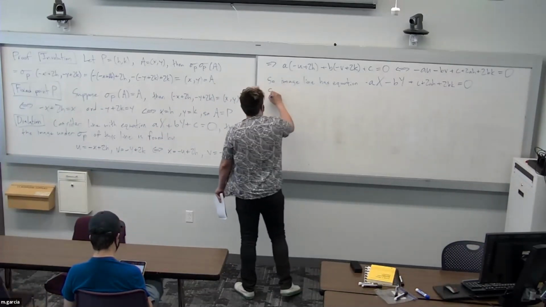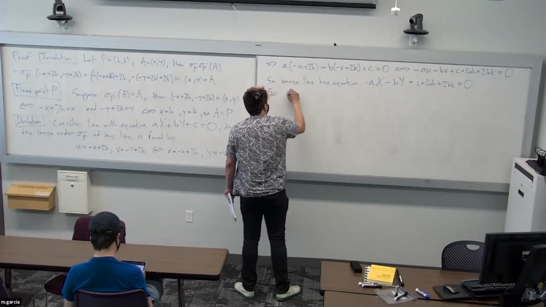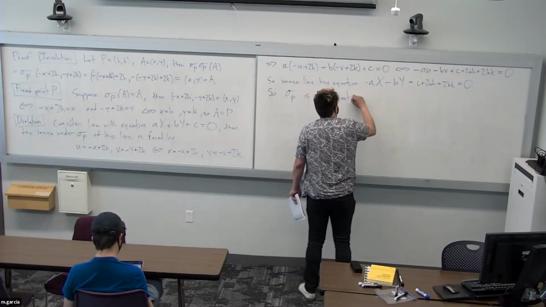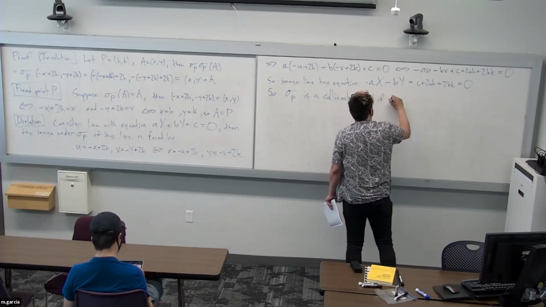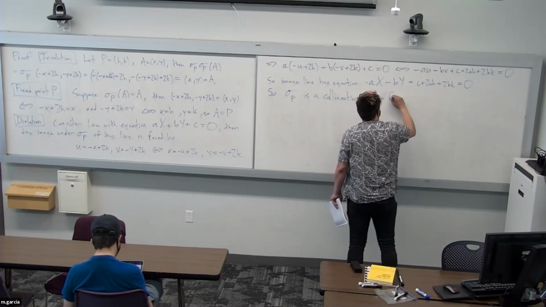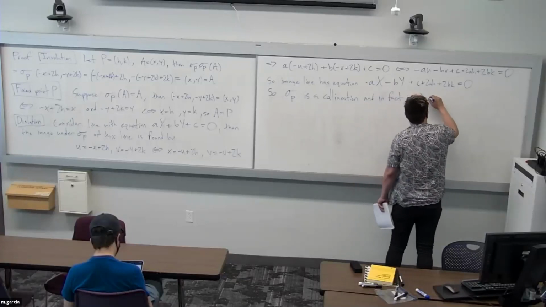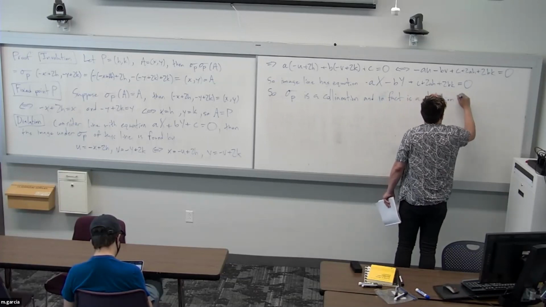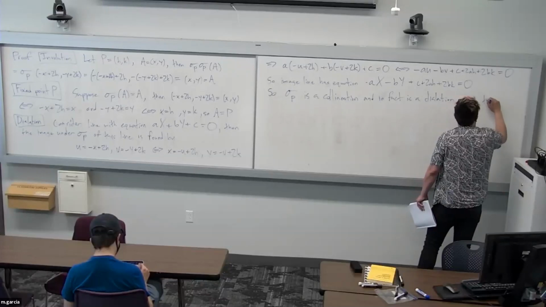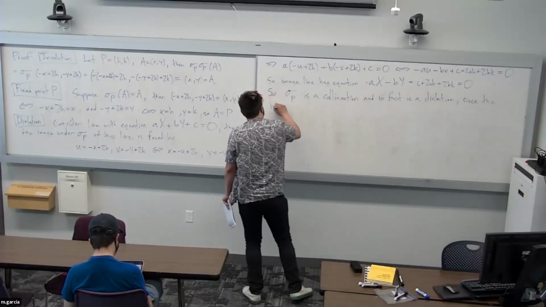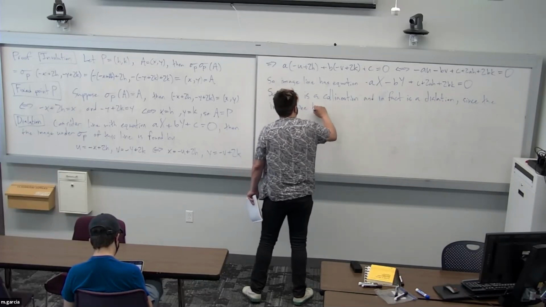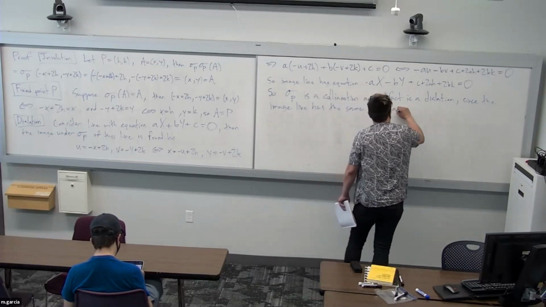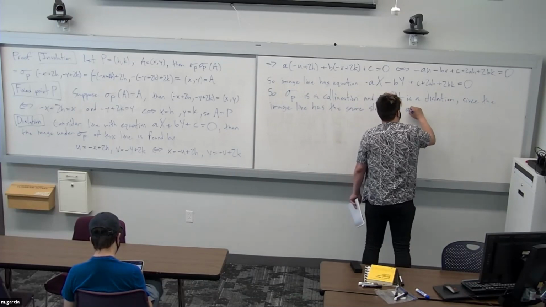So sigma sub p is a collineation, and in fact is a dilation, since the image line has the same slope as our first line.